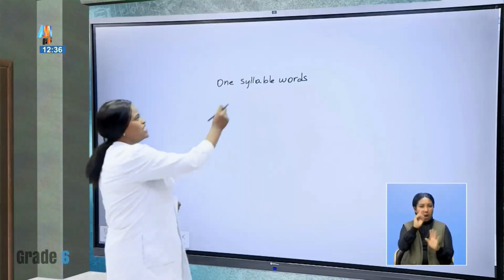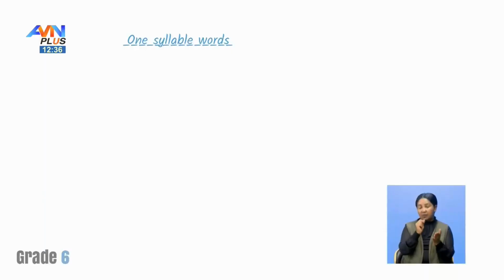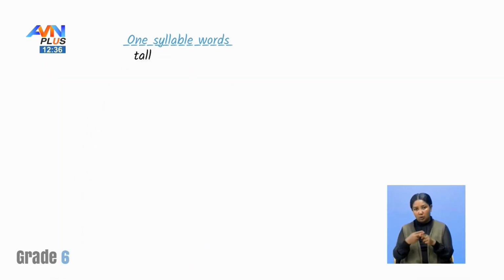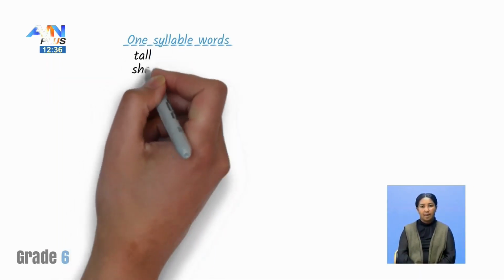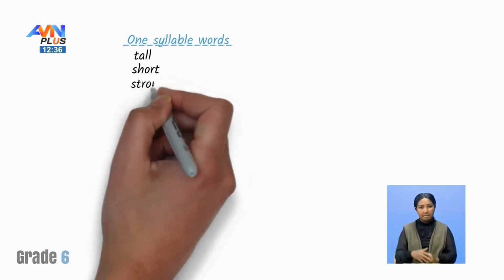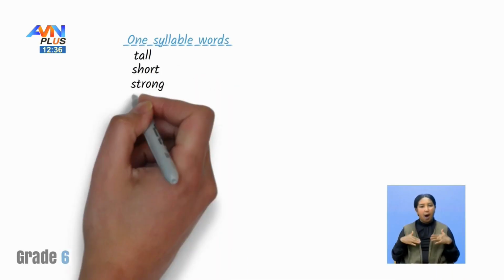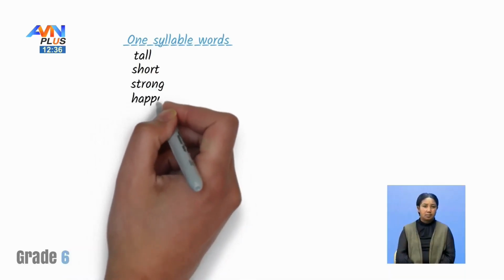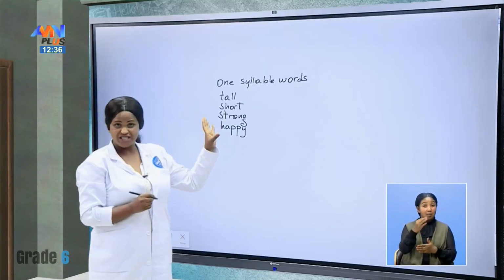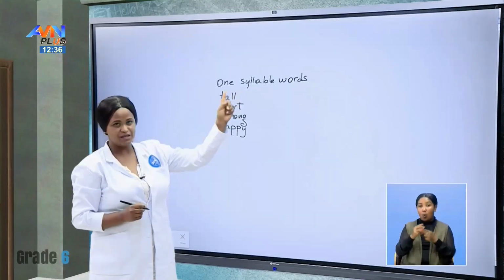They are called one-syllable words, like, for example, tall, yeah? Short, strong, happy. These are some of the common adjectives that are called one-syllable words.